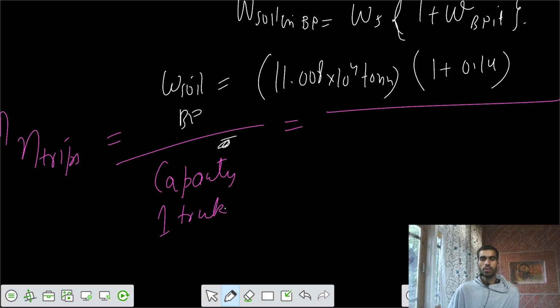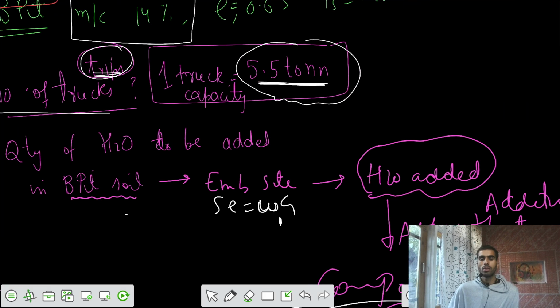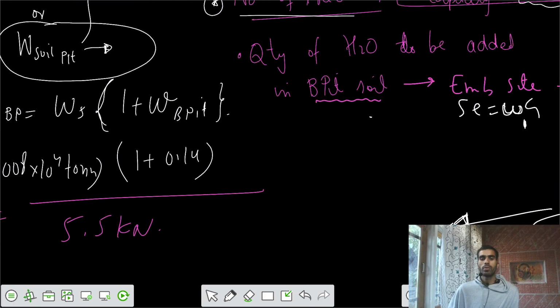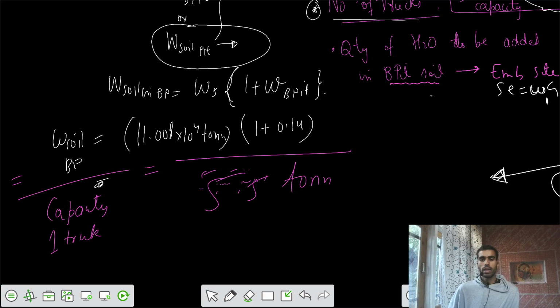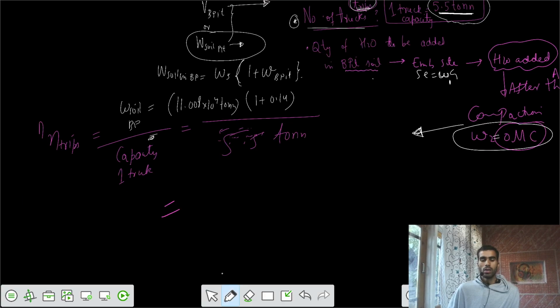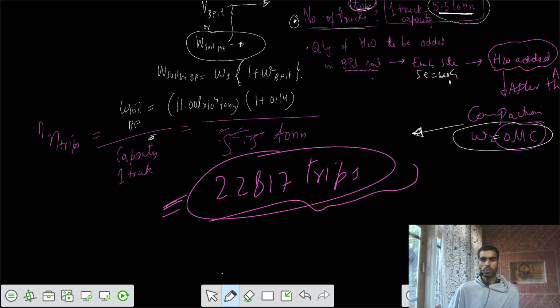That is 5.5 tons. So we can solve for that, and you can get the number of trips for carrying that particular amount of soil. That comes out to be 22,817 trips. This many trips of that one truck we have to make, such that the soil is carried finally.